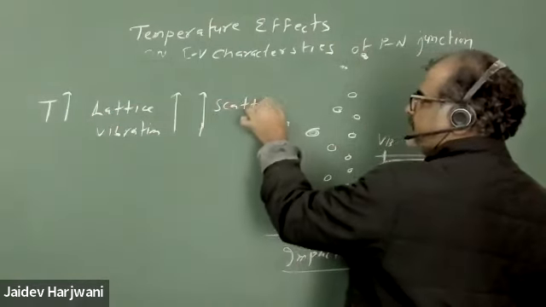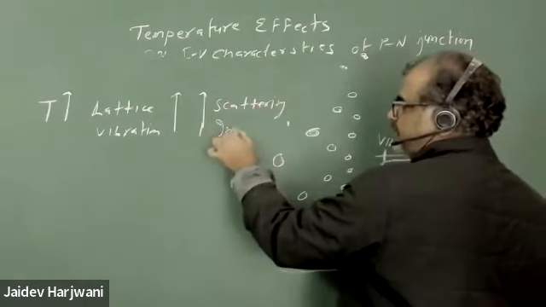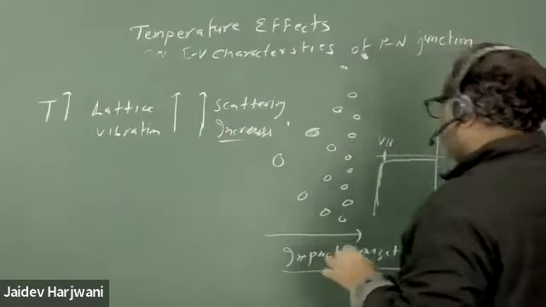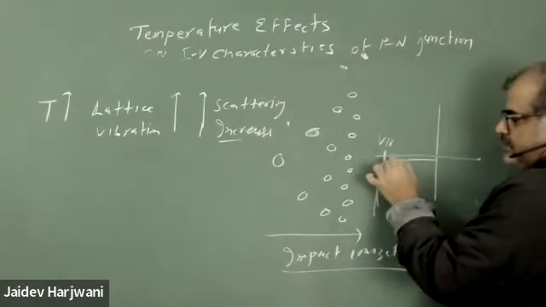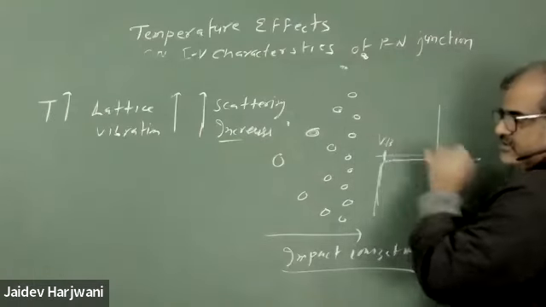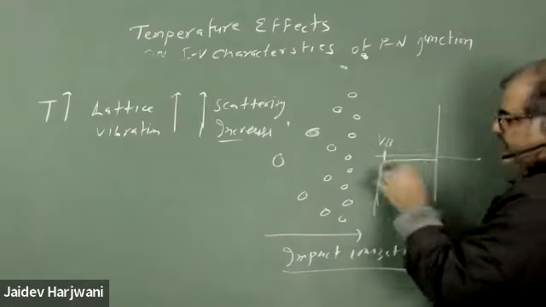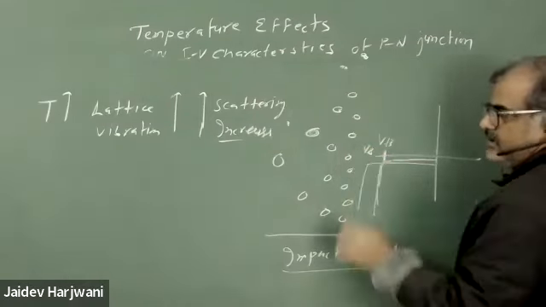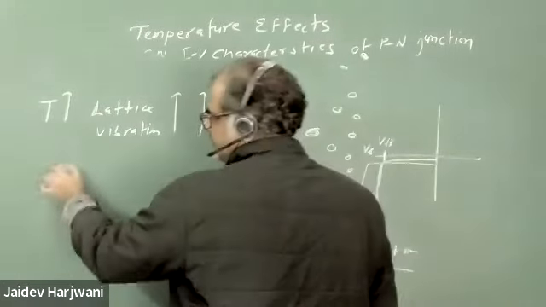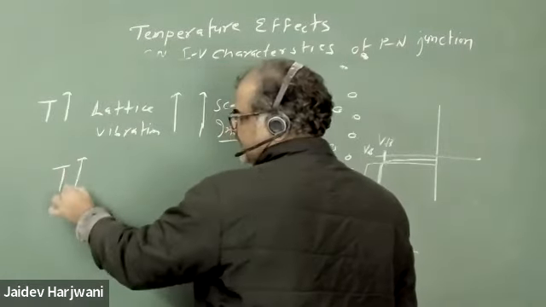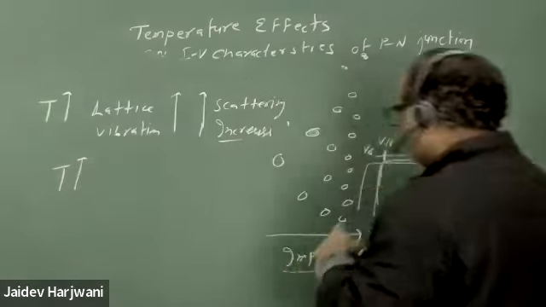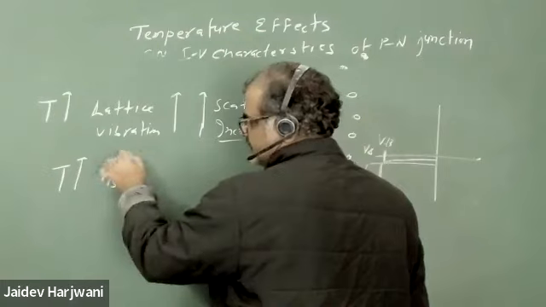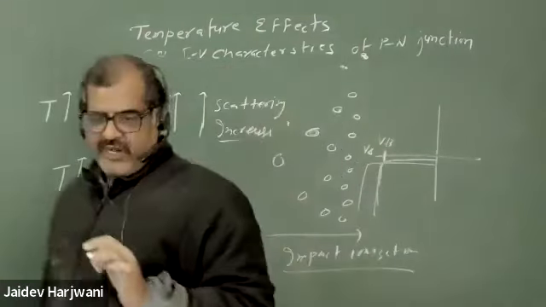Scattering increases means electrons are losing energy, so this voltage is not sufficient. If you want to make breakdown, you have to increase the voltage. So if you increase the temperature, for the same ionization and the same breakdown to take place, you need to increase your breakdown voltage. Is this point clear?